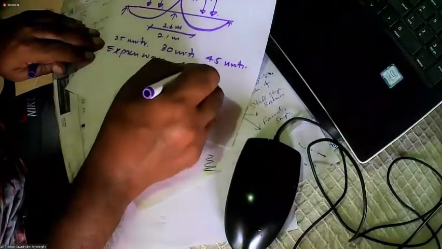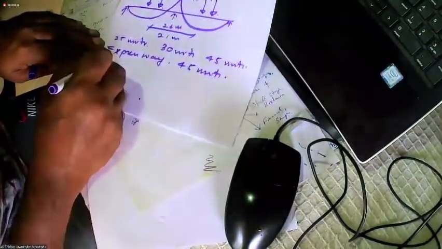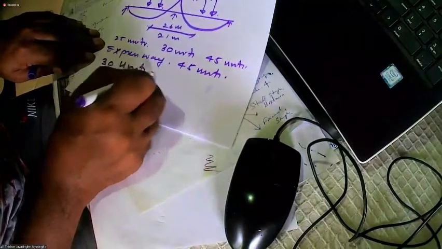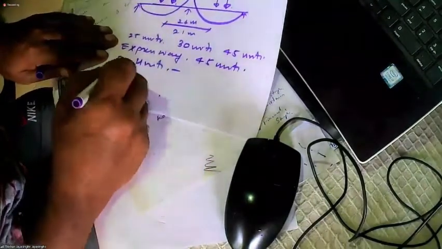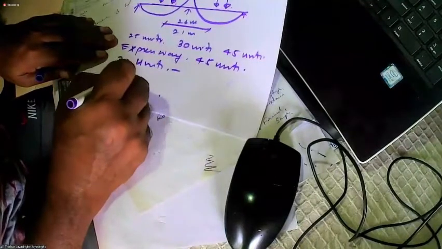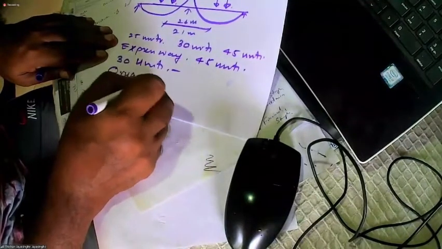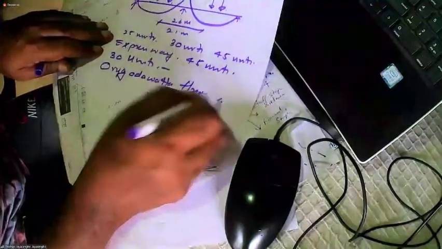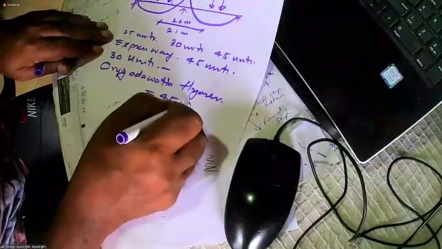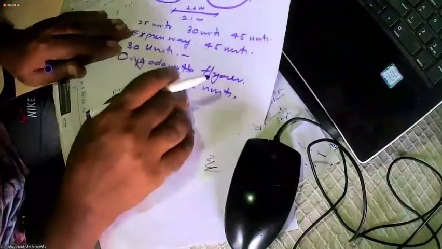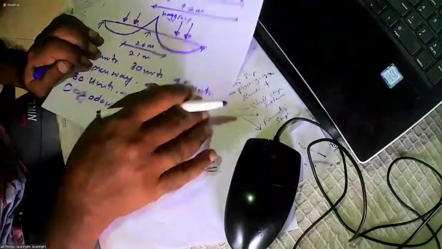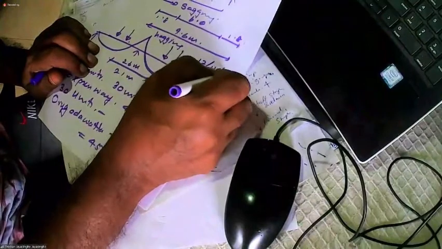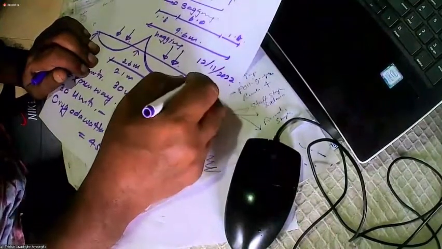But you won't believe that all our expressways are designed for 30 units, and only the Orugodawatta flyover is designed for 45 units. Because RDA specified 30 units for Sri Lankan conditions. So you have to see whether it's reasonable.